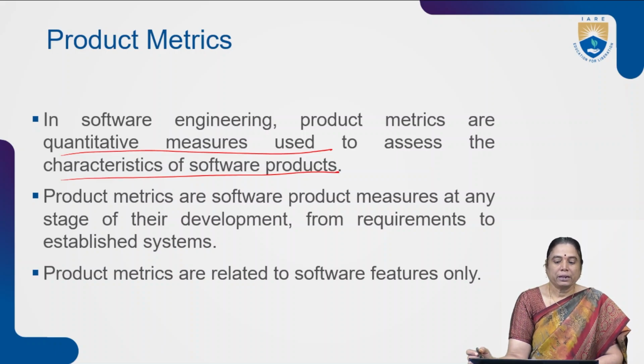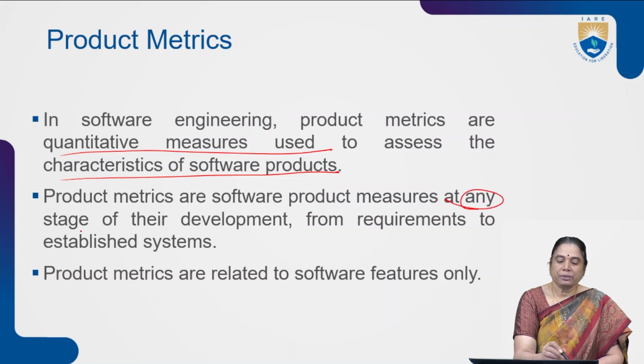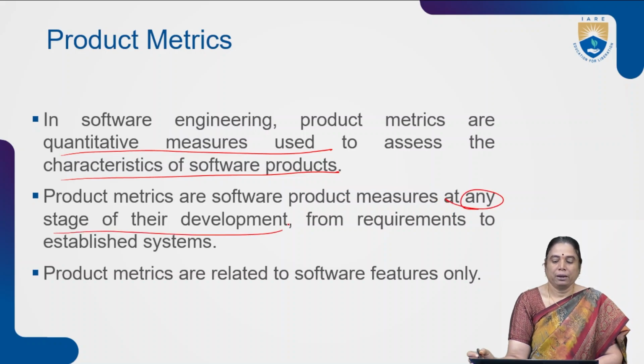Product metrics are software product measures at any stage of their development, from requirement to established system until delivery of the project at the client site. Product metrics are related to software features only.